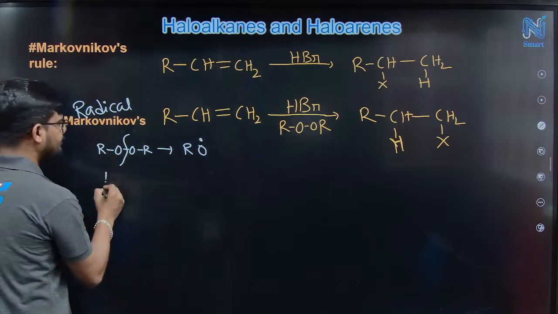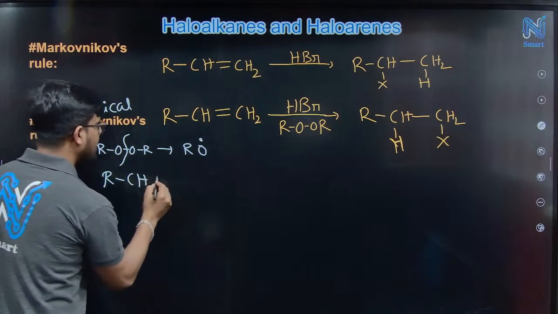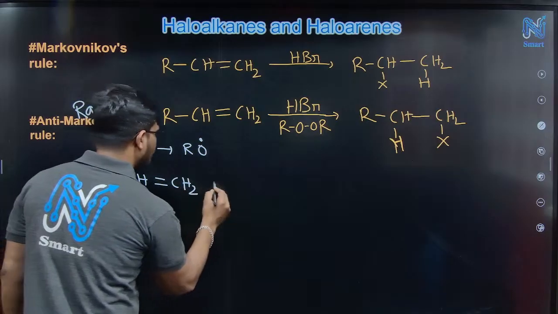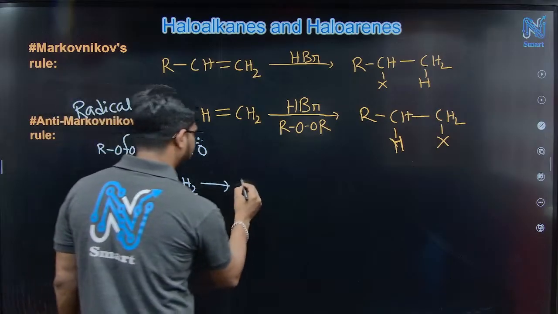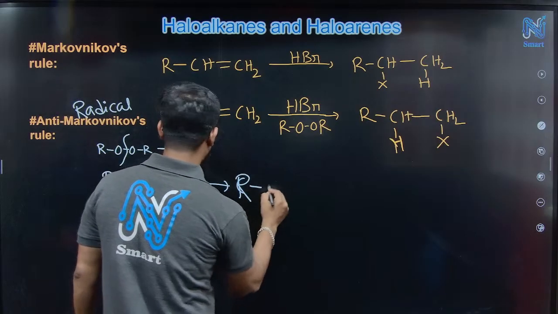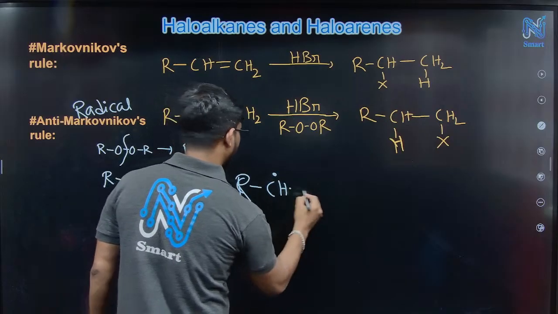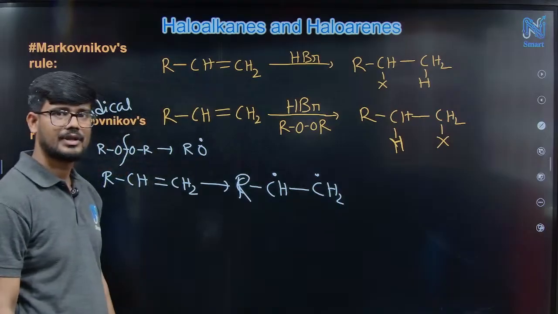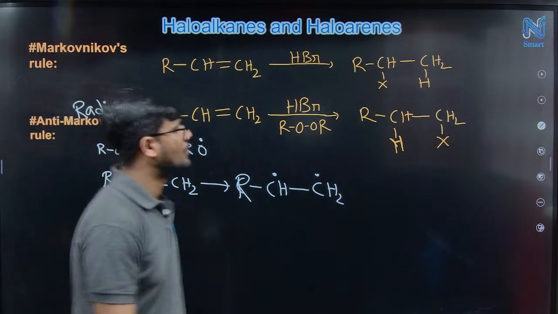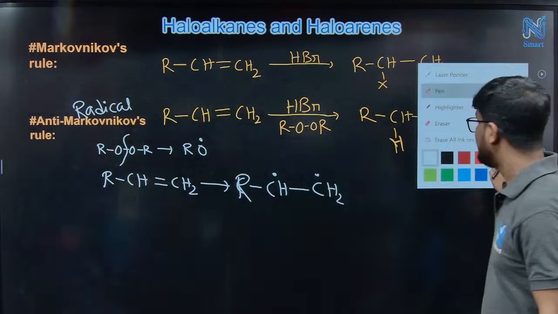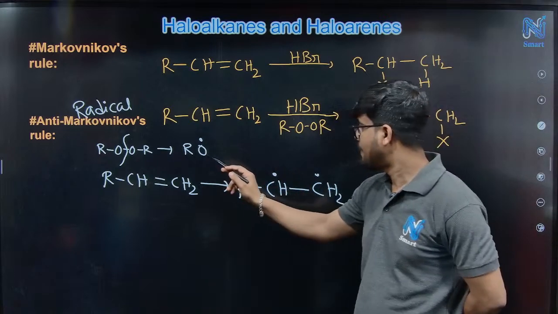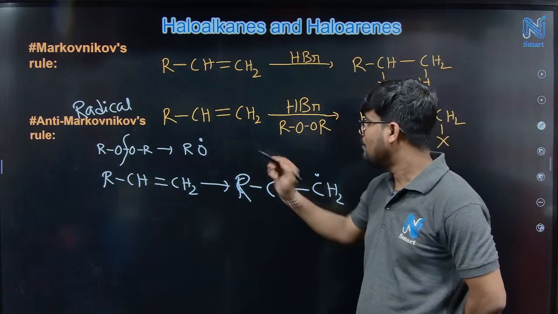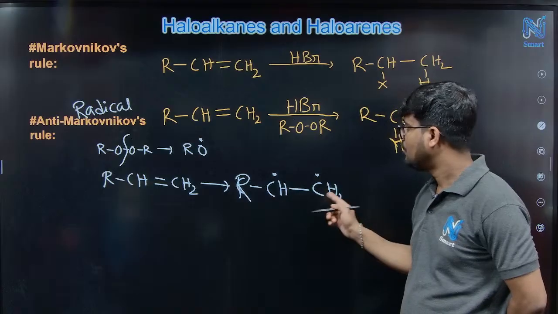Next step, R-CH=CH2. Basically we can write this as R-CH radical, CH2 radical, like this, correct? Now you tell me, this RO radical, it will attack which one?